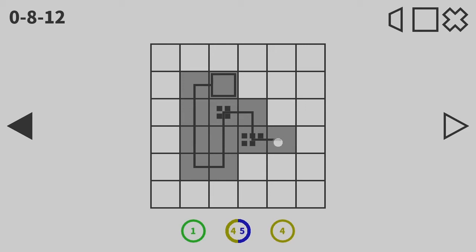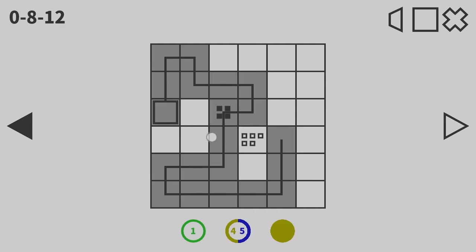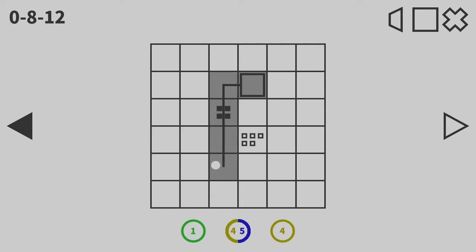Oh my god. Is there a way to calculate this? 1, 2, 3, 4, 1, 2, 3, 4, 1, 2, 3. I guess I don't have to do them in a line though.